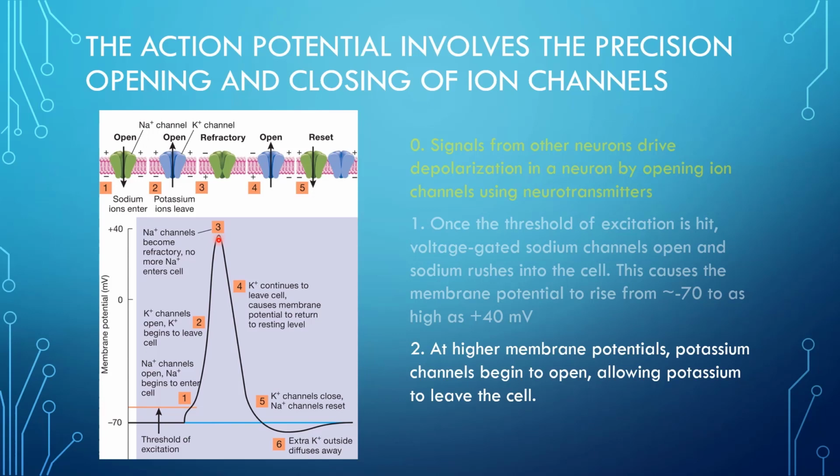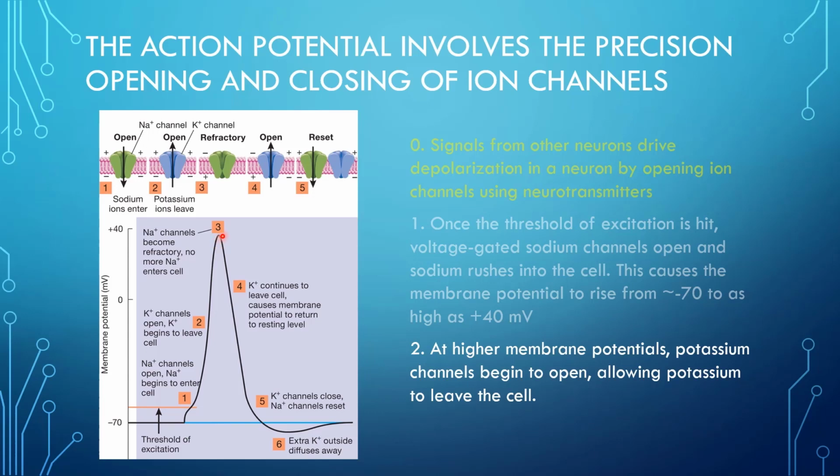And that's because of two things happening. Of course we have potassium leaving the cell, which means that even though we have sodium rushing in and making the membrane potential more positive, potassium is starting to leave, which is working against that process, right? So this is what slows the acceleration down a little bit.